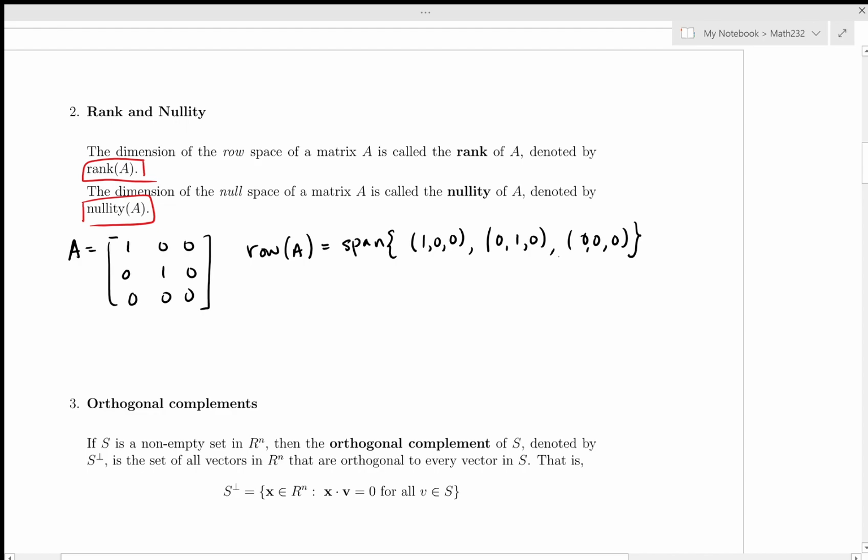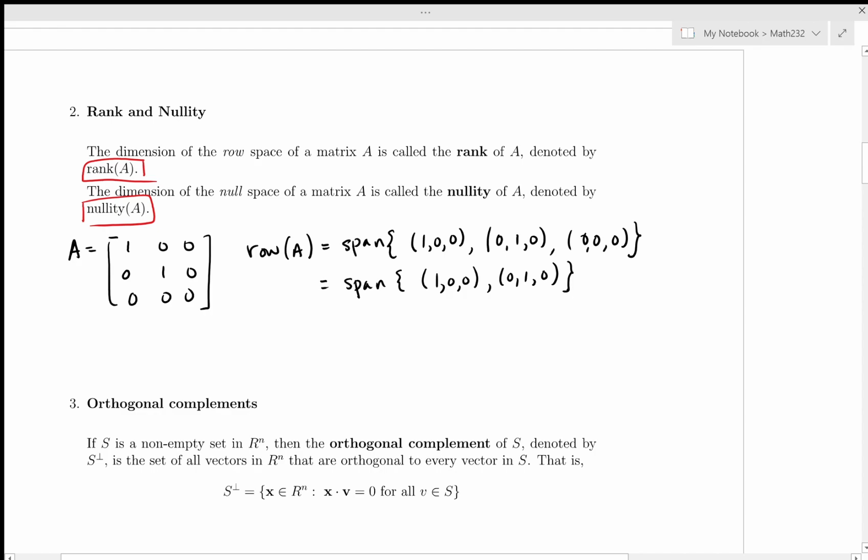Now, when I'm looking at this, I can see quickly that these three vectors here are not linearly independent. So I could remove one of them. I'm going to remove the last one. So the row space of A is also spanned by these vectors here.